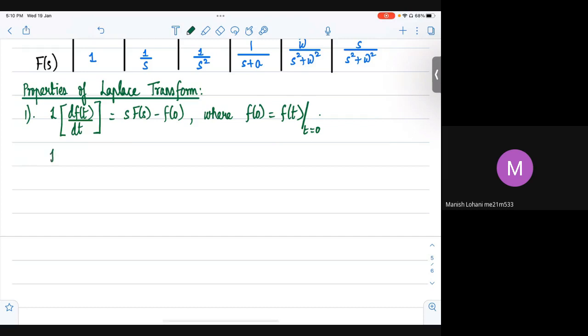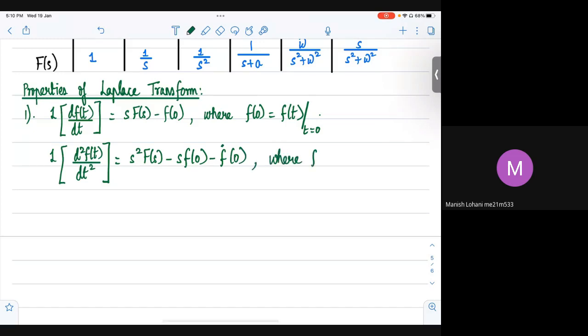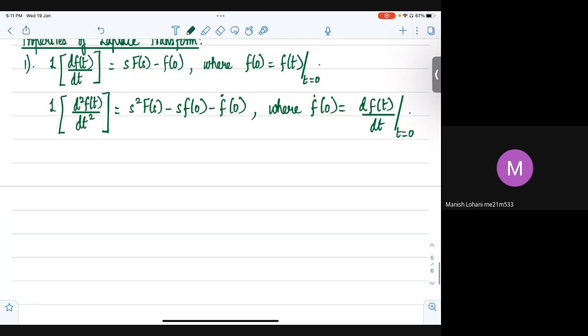Similarly, if we have a second derivative, d squared f of t by dt square, the Laplace transform is going to be s squared F of s minus s f of 0 minus f dot 0, where f dot 0 is nothing but df dt evaluated at time t equals 0. So that is the Laplace transform of the second derivative.